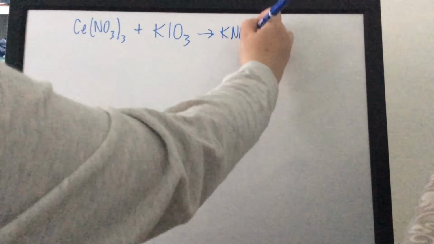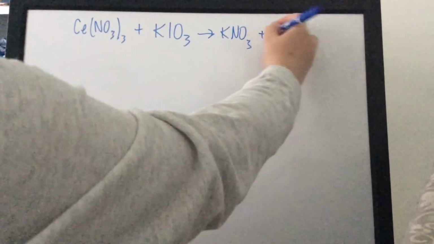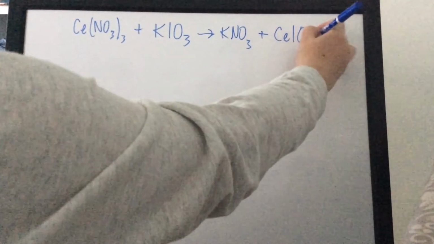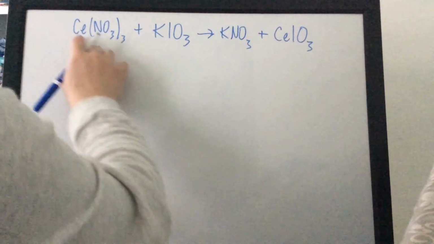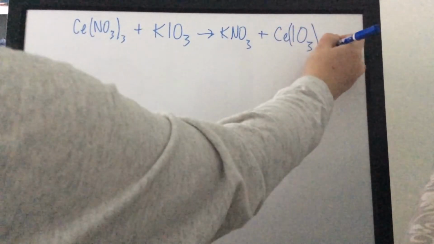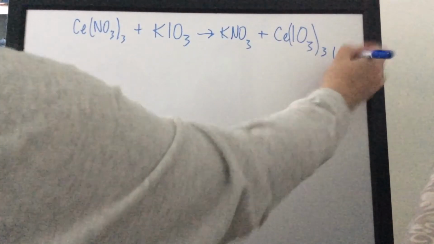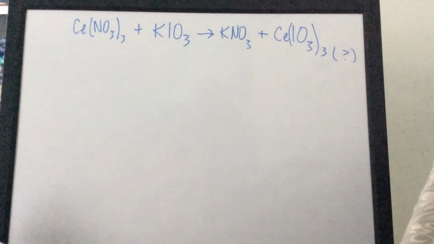It's definitely not potassium nitrate, right? That's soluble. It's going to be this thing. And this is +3, so okay. So this is the one we're questioning. Will we form a precipitate in this reaction?